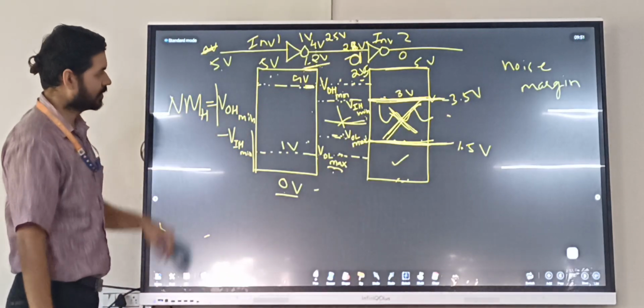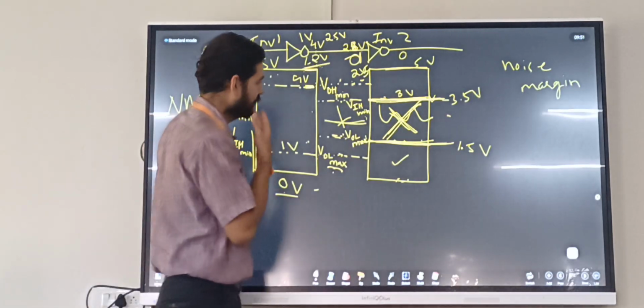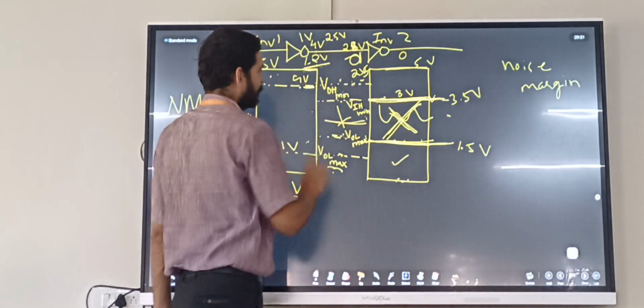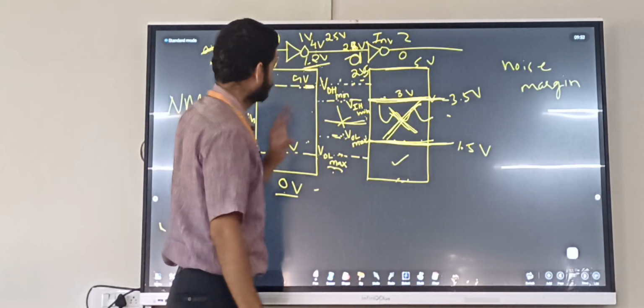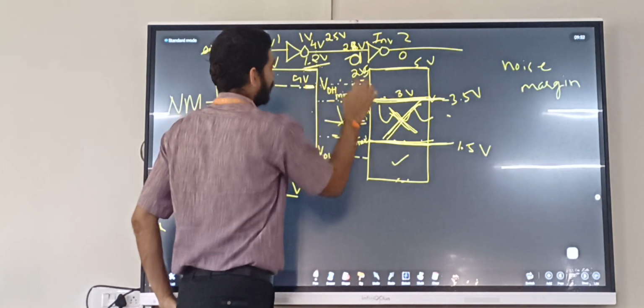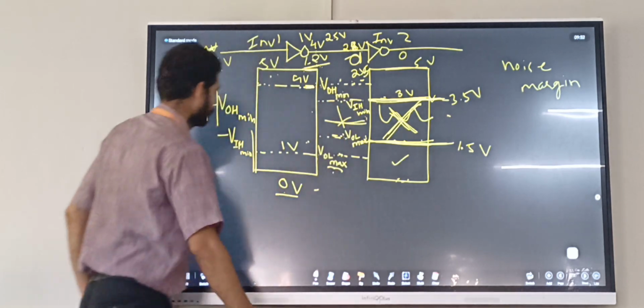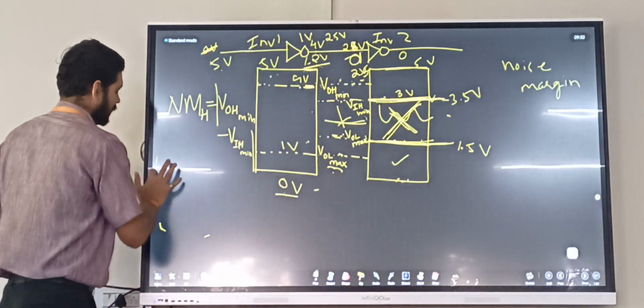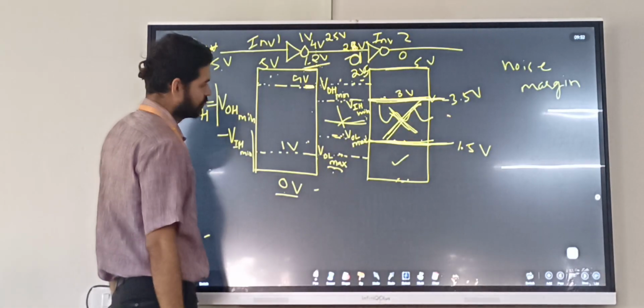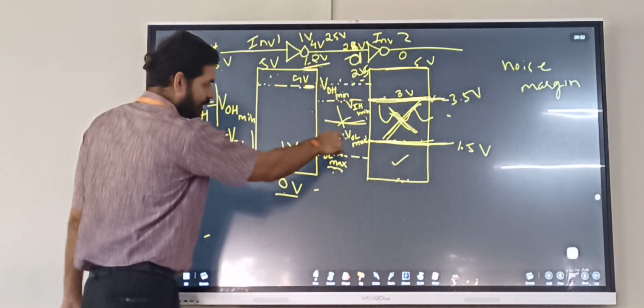Mostly it is VOH minimum minus VIH minimum. NML is equal to VIL maximum minus VOL maximum.